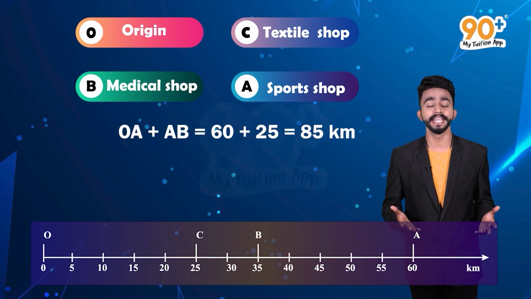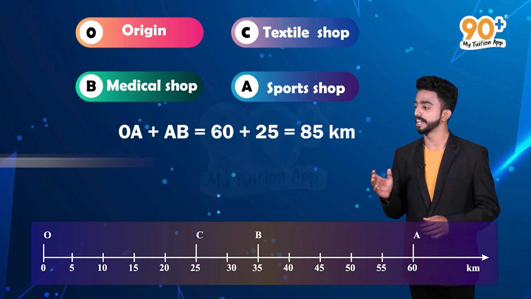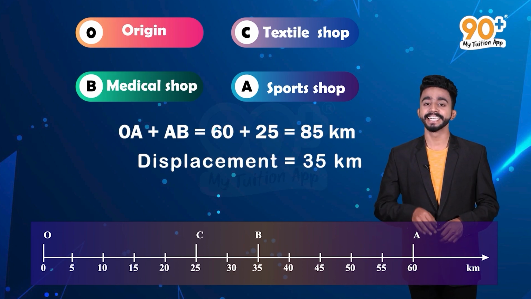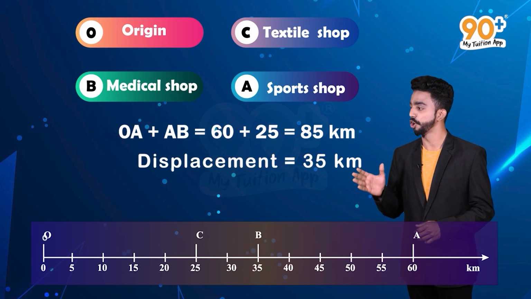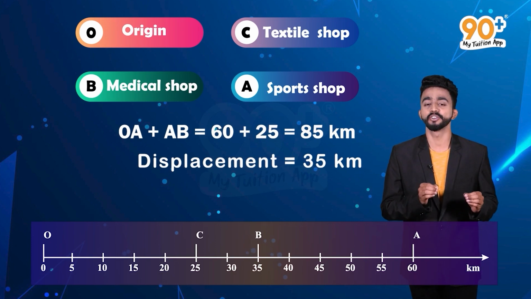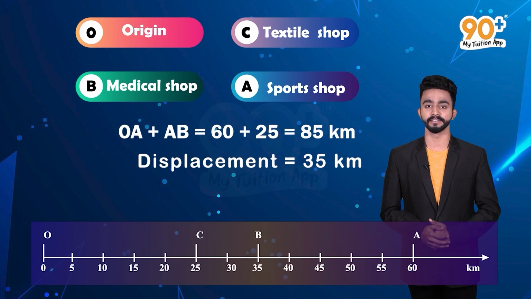Then what will be the magnitude of displacement? Yes, it will be 35 km. Why so? Since in this case the initial position is O and the final position is B. Thus, the magnitude of displacement is not equal to the distance value here.